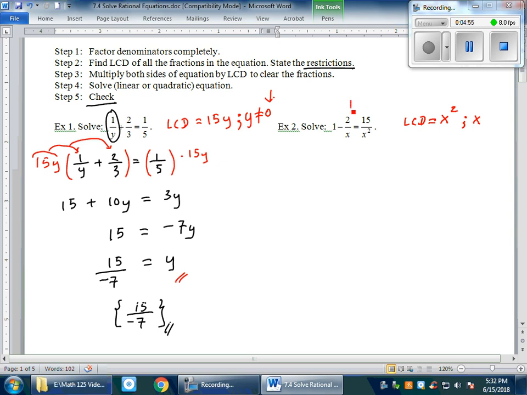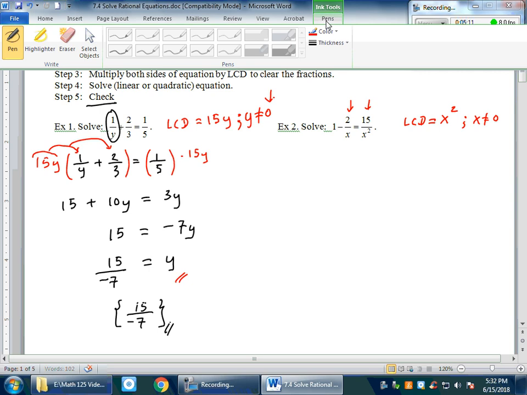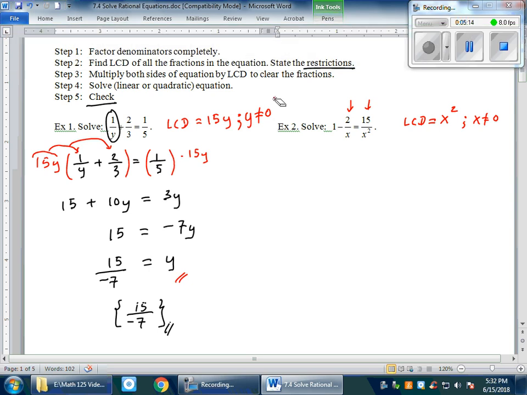For the second fraction, the denominator is x, so x cannot be equal to 0. The fraction on the right side has x squared, so therefore x cannot be equal to 0 either. So now we have everything ready.